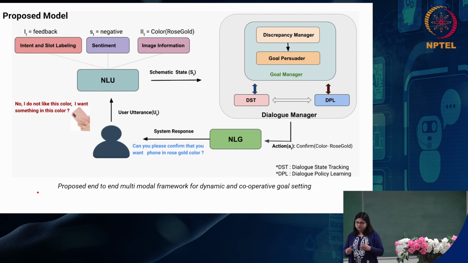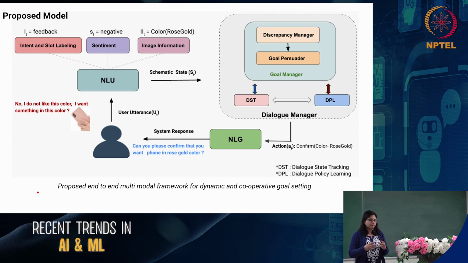There is also negotiation capability. I have not shown this in this example, but there may be bargaining finally on the price. The customer wants to buy at a lower price, so there will be some kind of negotiation.